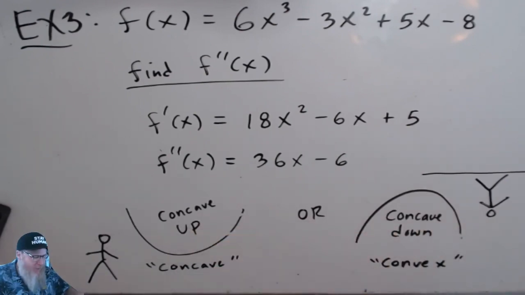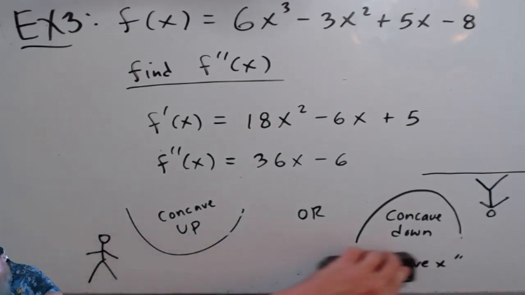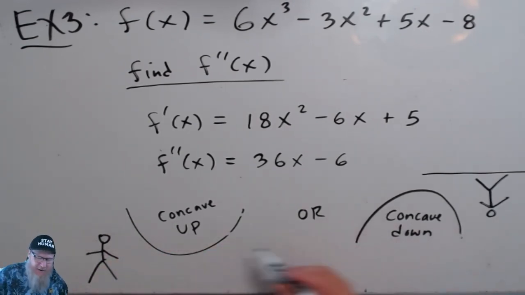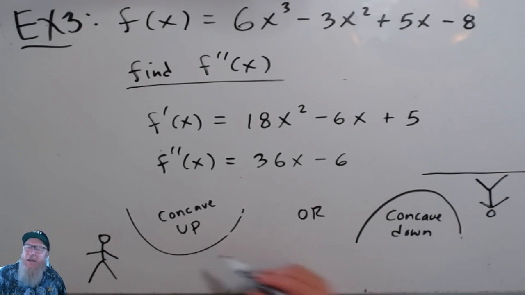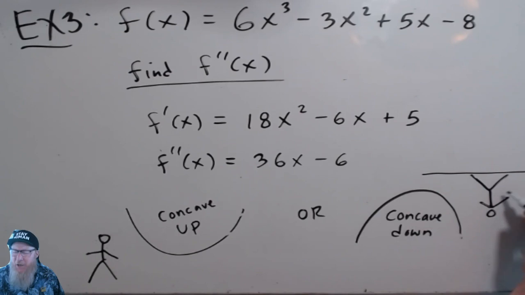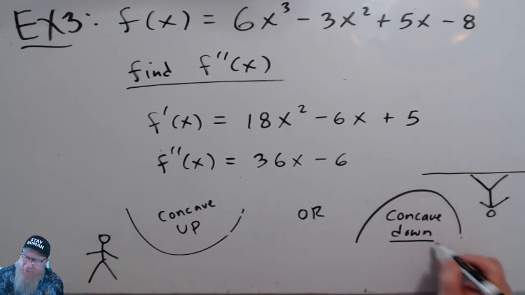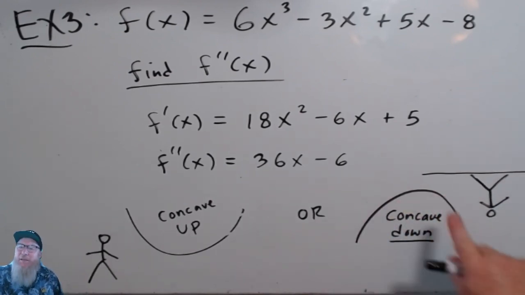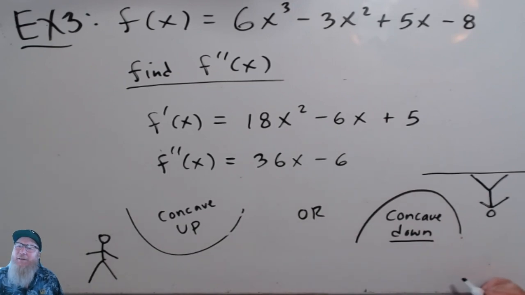So that's the reason why we don't use the terms concave and convex. We just say concave down and concave up, right? Because even if you're standing upside down, well, you are standing upside down, and so this shape is still concave down.